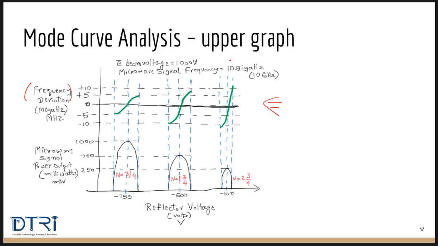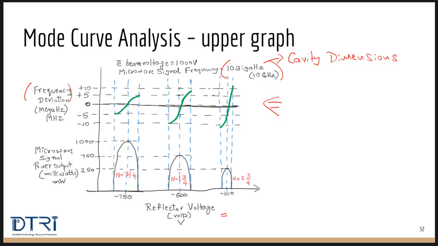So this is the center frequency, 10 gigahertz. This is the frequency of the oscillator, and this is decided by the cavity dimensions. We are not varying the cavity dimensions. We are only varying the reflector voltage.